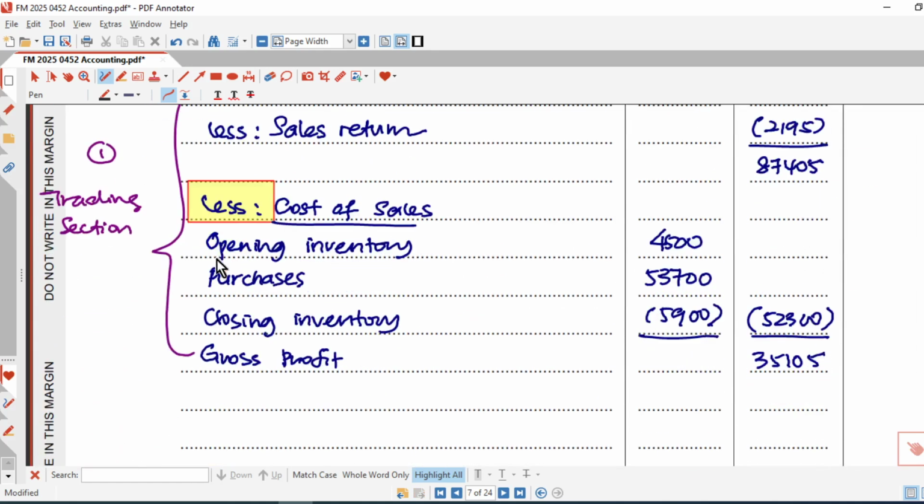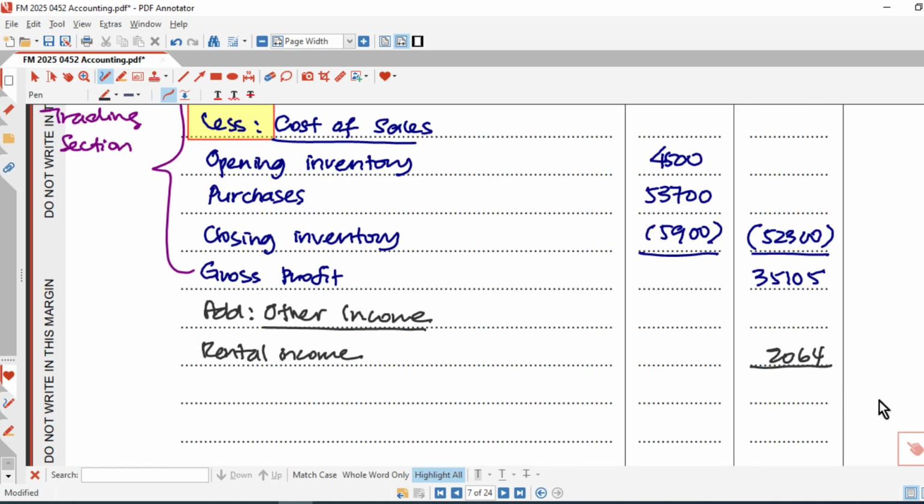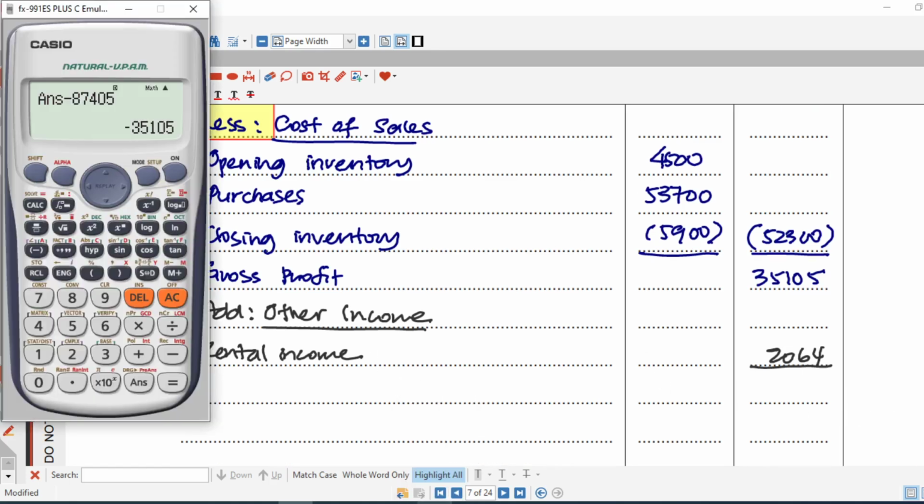So we're going to come to gross profit. I'm going to put it right below at other income. So what's the other income I have? It is my rental income, $2,064. Since it's the only other income I have, I can park it straight away onto the right column of the income statement.